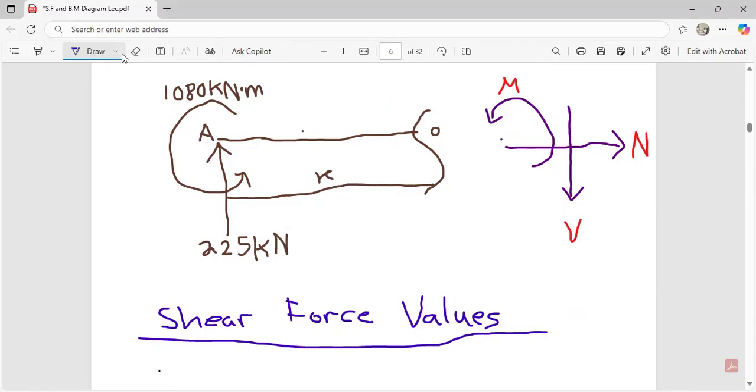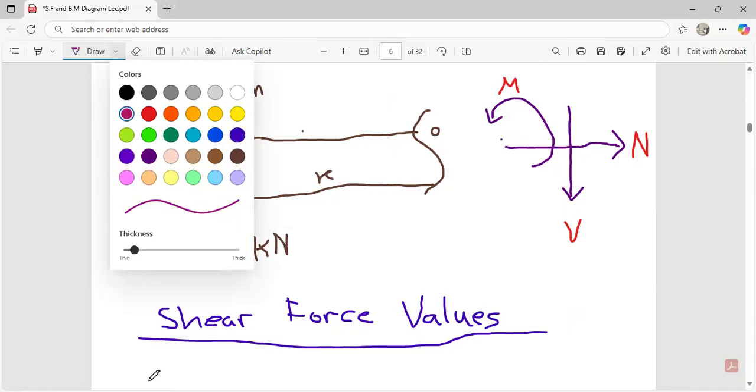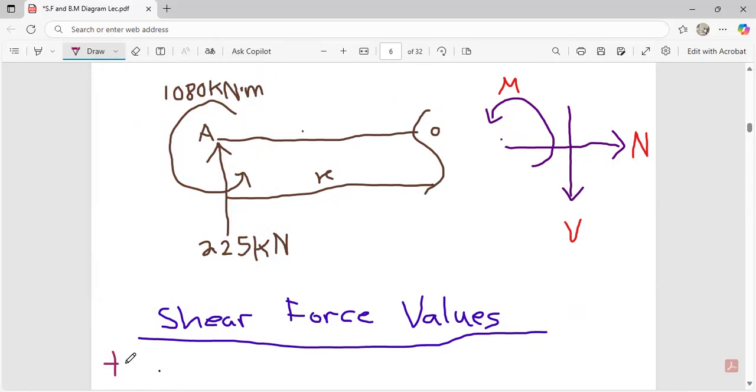Look at how I'm going to be doing that. It is just like what I did for the check. The rule I use for the check is what I'm going to be using over here. So we say that all forces that are moving upwards are positive. And better still, the sum of all forces moving in the y-axis.